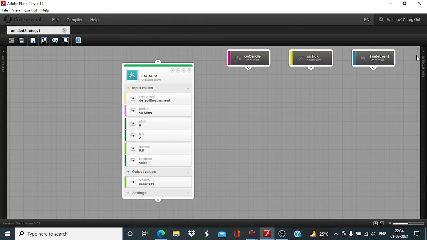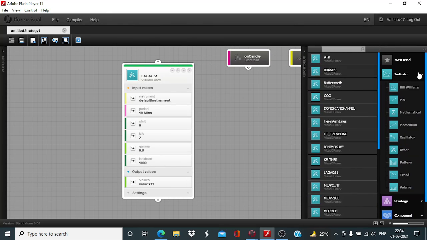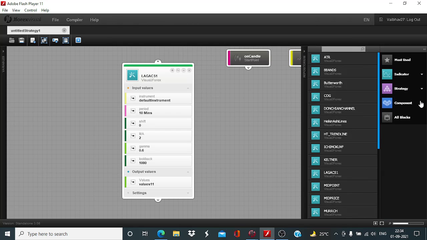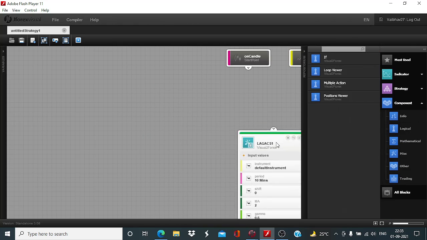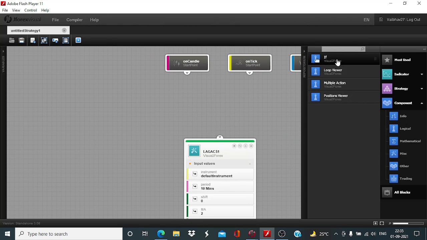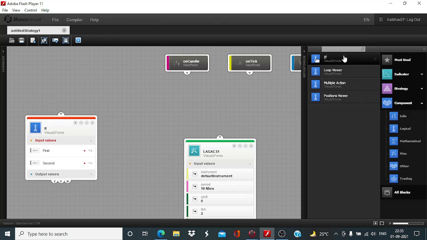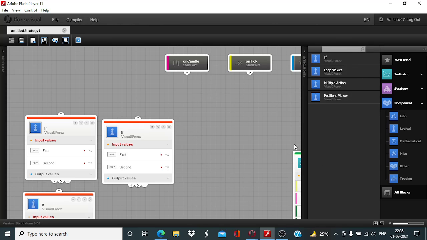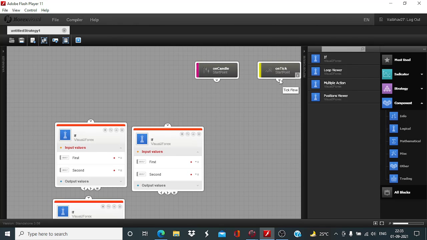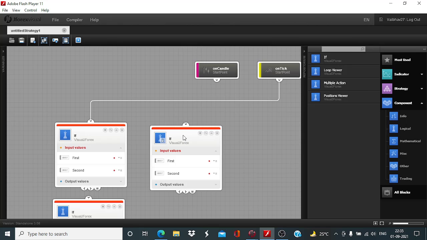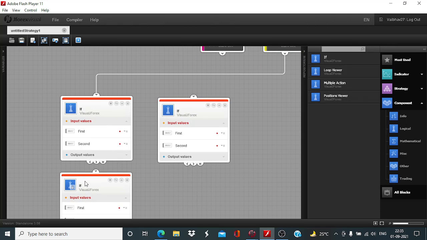Now let us get started with the addition of the blocks. First thing first, we have to get the logical blocks in place to define the instrument subscription. This time around we will be using ontick as our start point. So I will get this line.